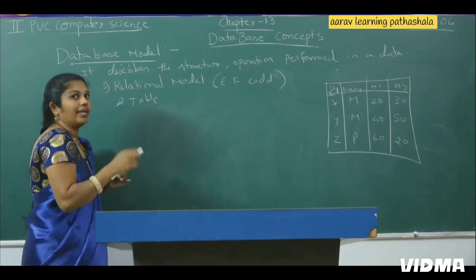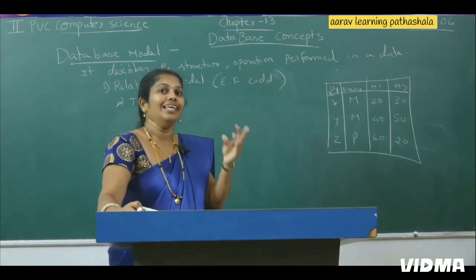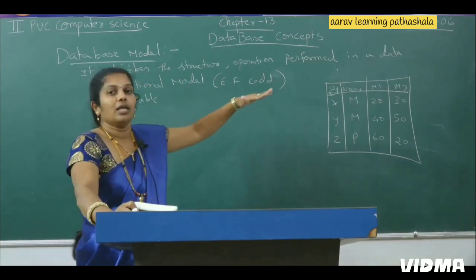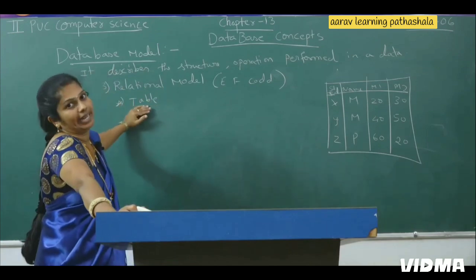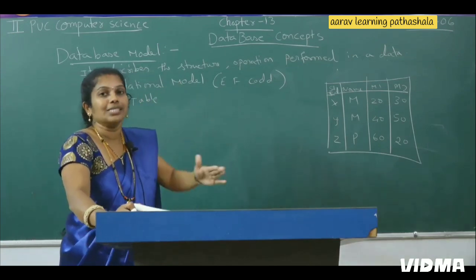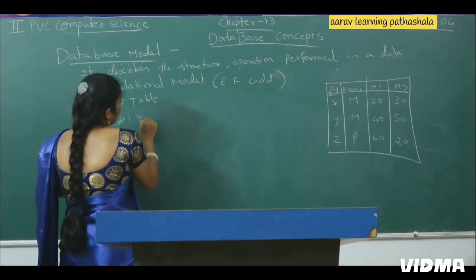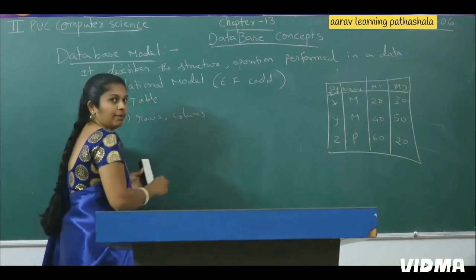In the hierarchical model it is tree format, in the network model graph format, whereas in the relational database model the records and information are all arranged in the format of a table. Here we have rows as well as columns. What do you mean by rows?